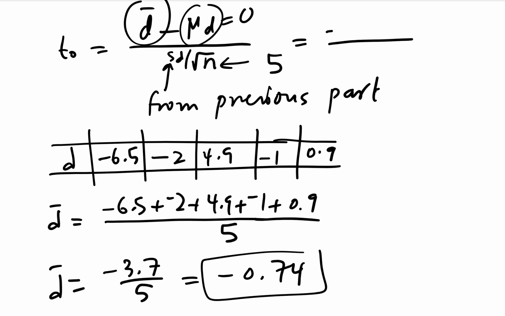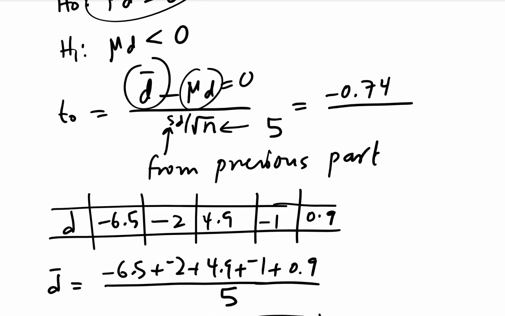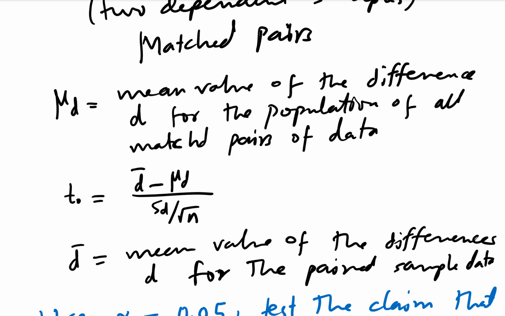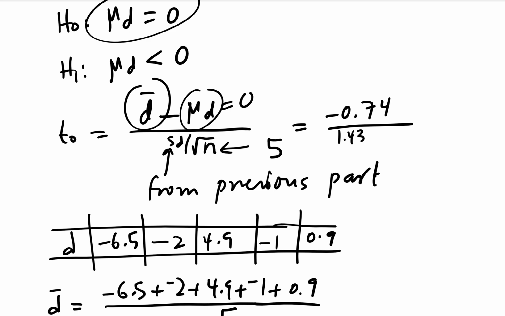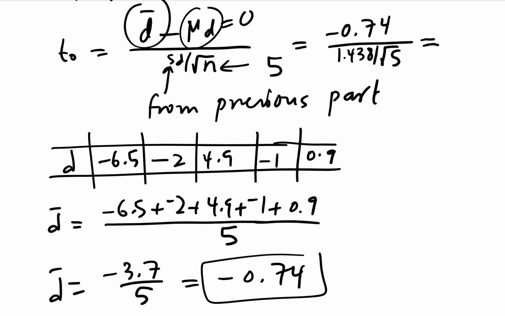So this becomes negative 0.74 over 1.438 divided by the square root of 5. We are going to calculate this. The top stays as is.